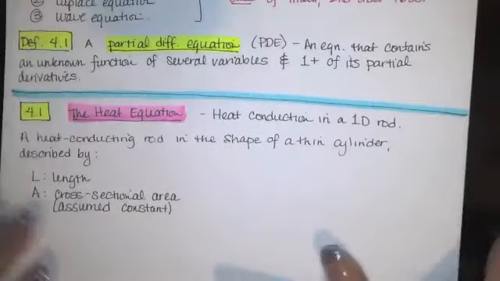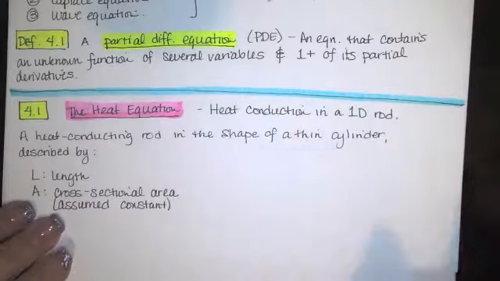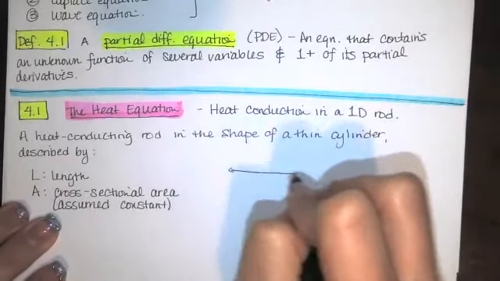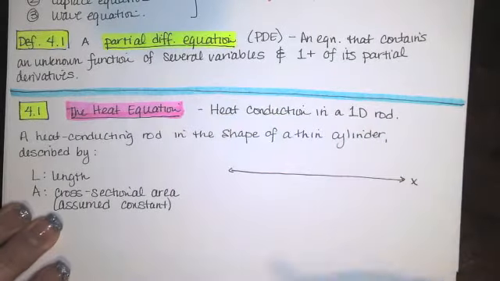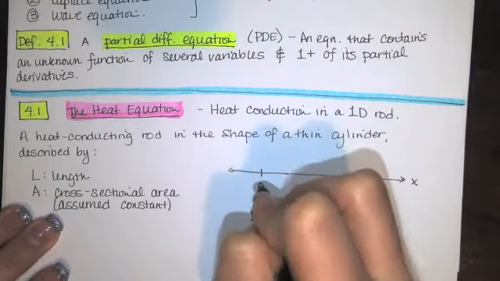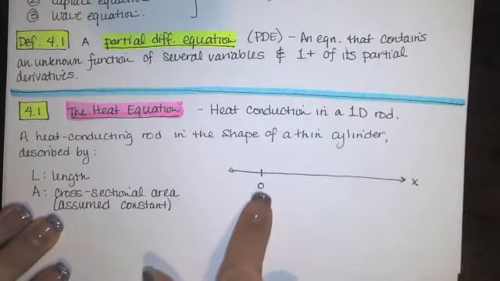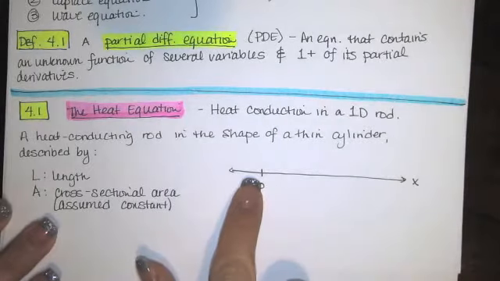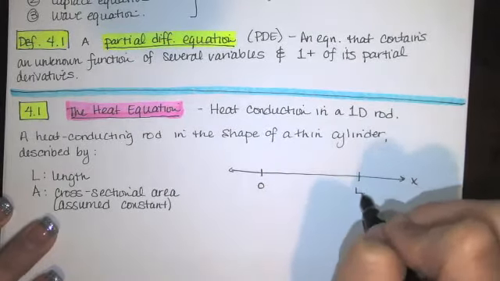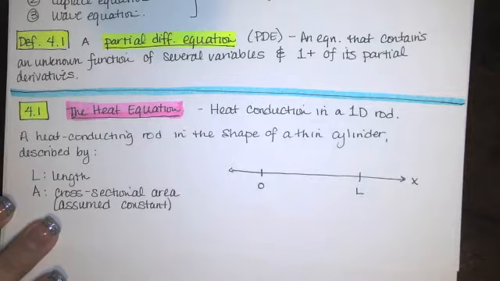And when we draw this rod, we can draw it on what we think of as the x-axis. We can label x equals 0, one endpoint of the rod. x equals L would be the other endpoint of the rod.